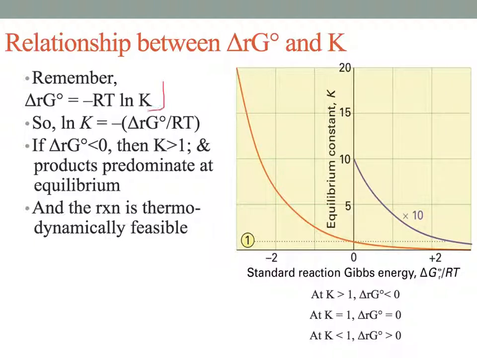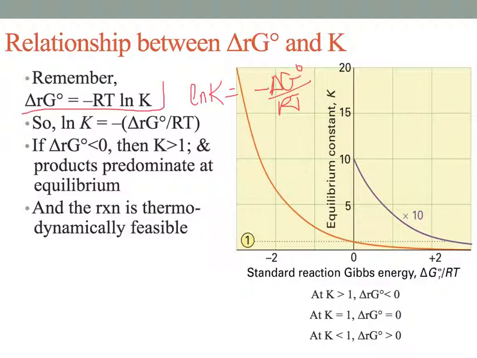If this is our equation, and we rearrange it, we get that the natural log of K is equal to negative delta G naught over RT. So you can estimate by looking at that expression that if delta G naught is less than 0, then the equilibrium constant is going to be greater than 1.